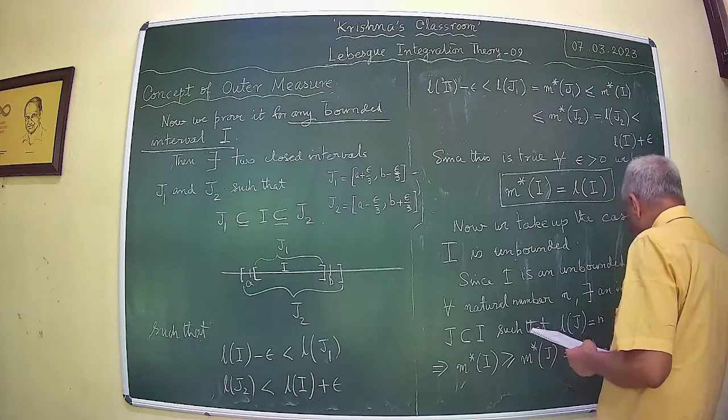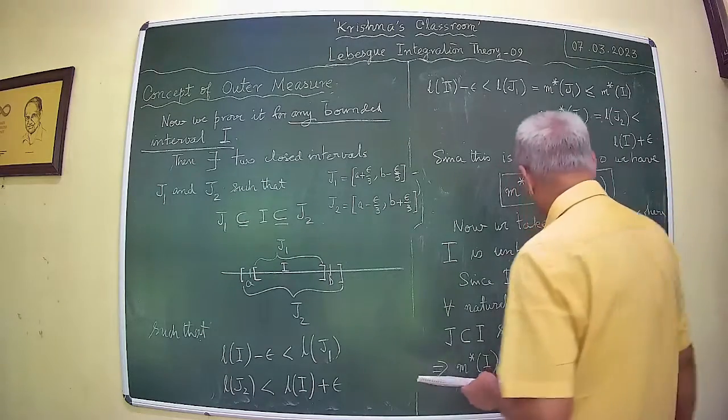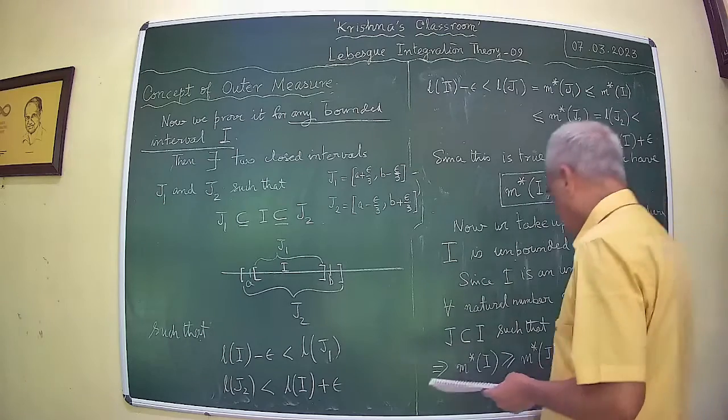And this is true for every n. Therefore, you see that m star of I is greater than or equal to n for every n.